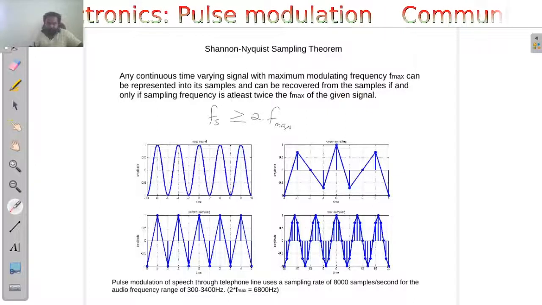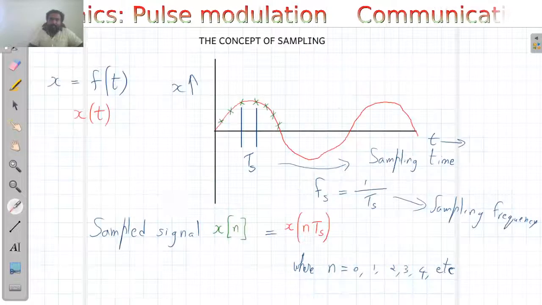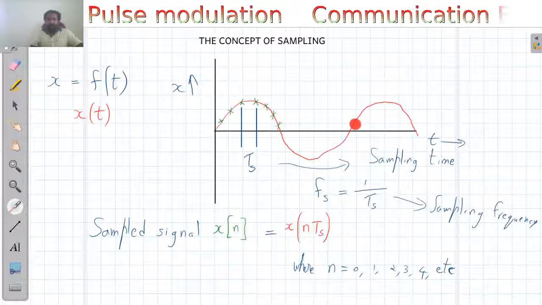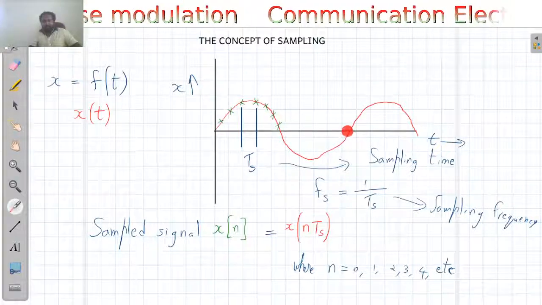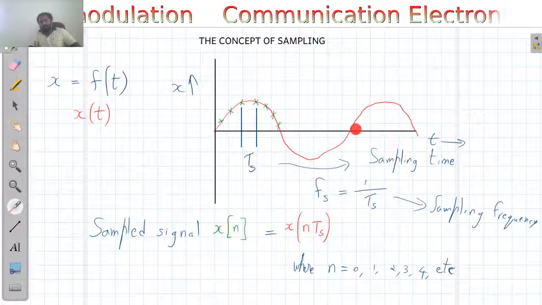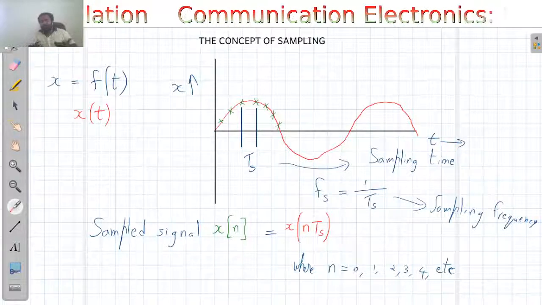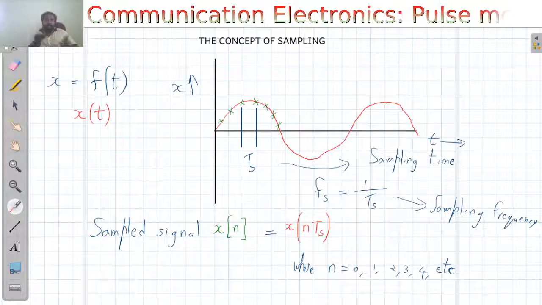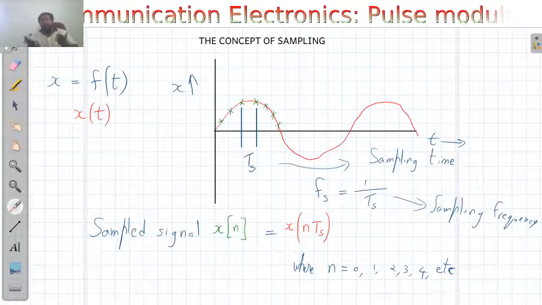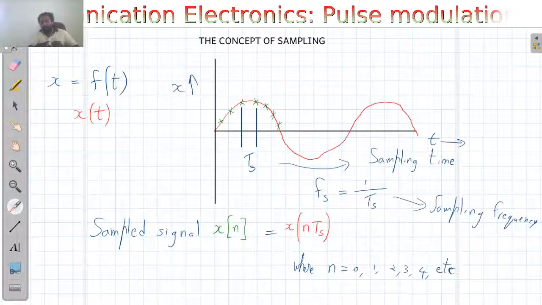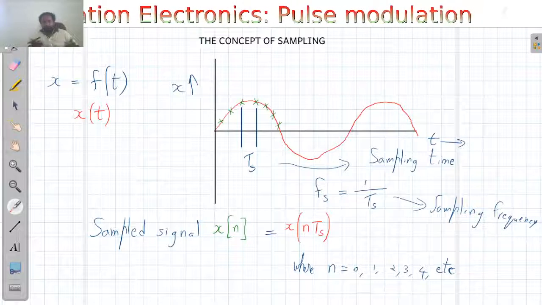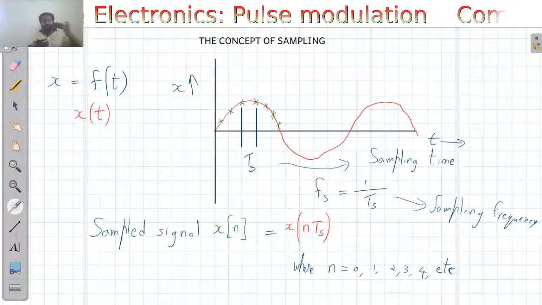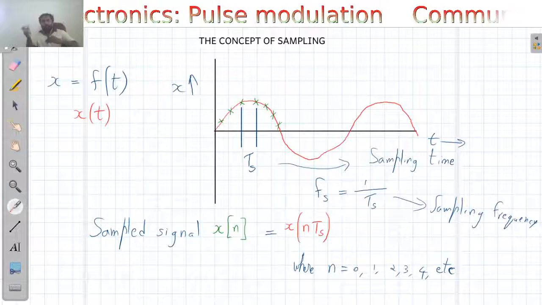Suppose the signal that we are going to transmit is this continuous wave. In this case, it is a single sine wave, but there are cases where you can have multiple sine waves. For example, in the case of an audio signal, the maximum frequency that you can encounter is 20 kilohertz. So there is a concert happening in a place, and you need to transmit that to another place.